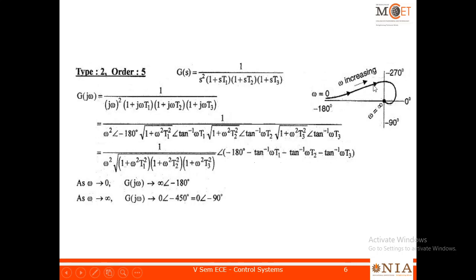At omega equal to infinity, the angle is minus 90 degrees and the magnitude is 0. So order 5 comes to the same final point as order 1, am I right? For order 5, the ending point will be in this quadrant.